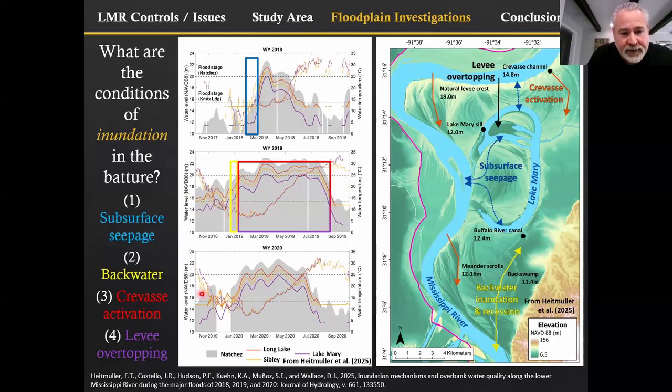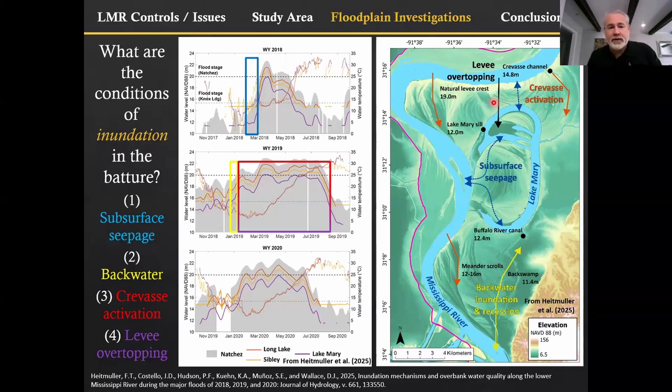And then we were able to detect as waters in the channel continued to get higher and higher, crevasses were activated that then made water that was much colder from the channel inundate some of those areas. We saw dramatic declines in the water temperatures while water levels rose, and we began to see even higher level sensors begin to experience some of the inundation as well.